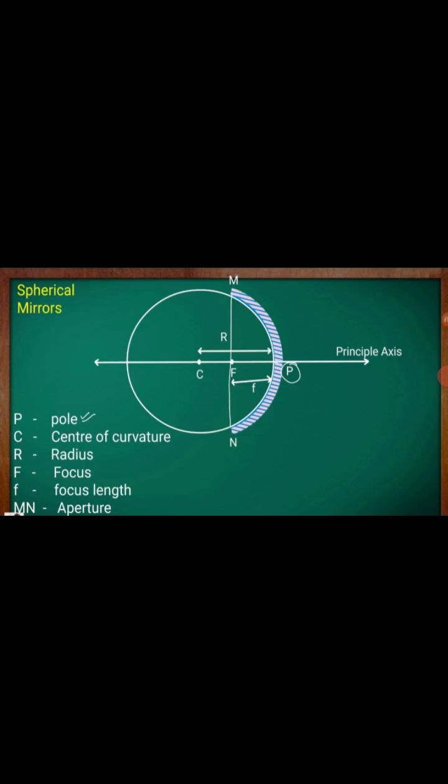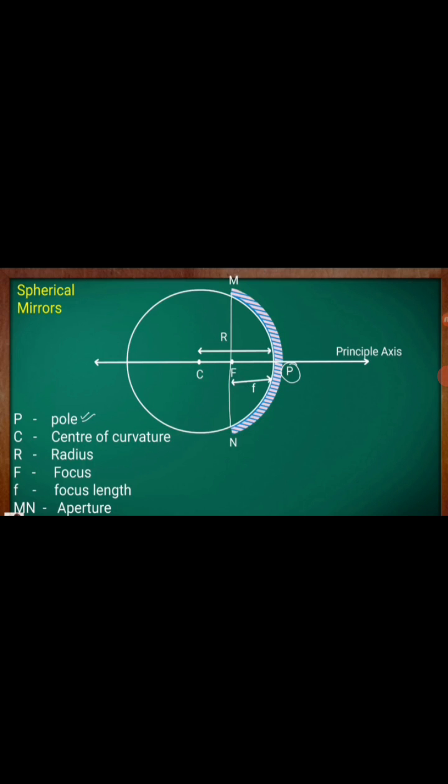P is the pole, which is the center of the spherical mirror, and C is the center of curvature, which is the center of the whole part of a sphere. Radius is the distance between the pole of the mirror and the center of curvature, and principal focus is a point exactly midway between the pole and the center of curvature, and also a point where most of the images are going to be focused.